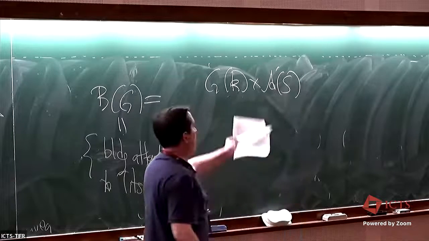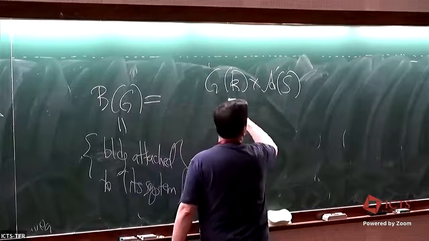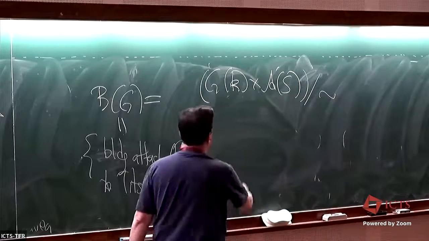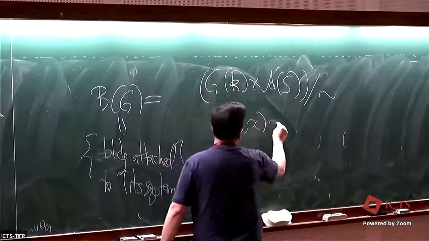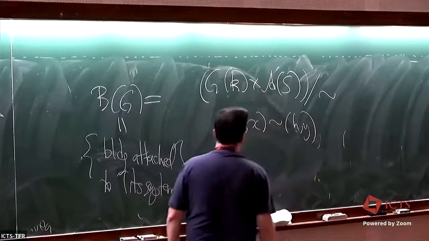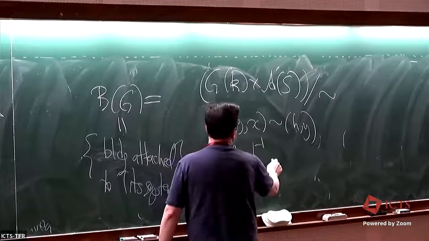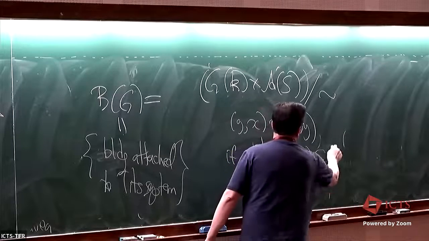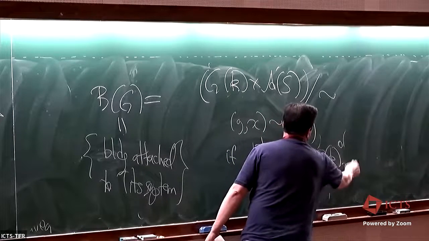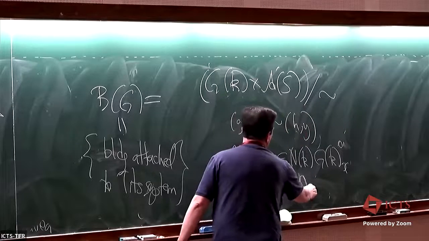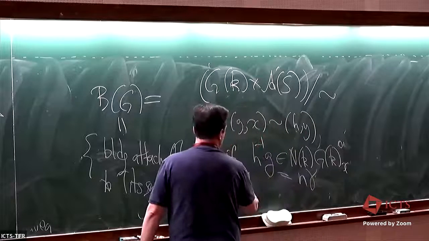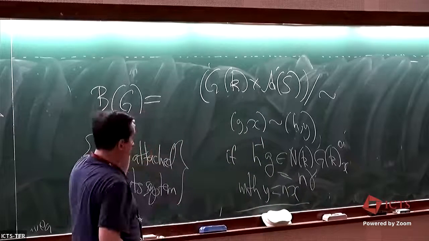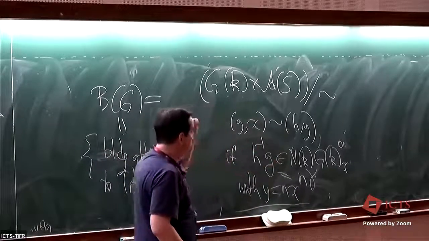We take one choice of S, we formally think about trying to make the group act on this, and we simply impose an equivalence relation where Gx will be equivalent to Hy if H inverse G is in the normalizer times the stabilizer at x, where if you write it in this form as n gamma, then y is equal to nx. Okay, so there's a slightly involved definition. One checks this is an equivalence relation.